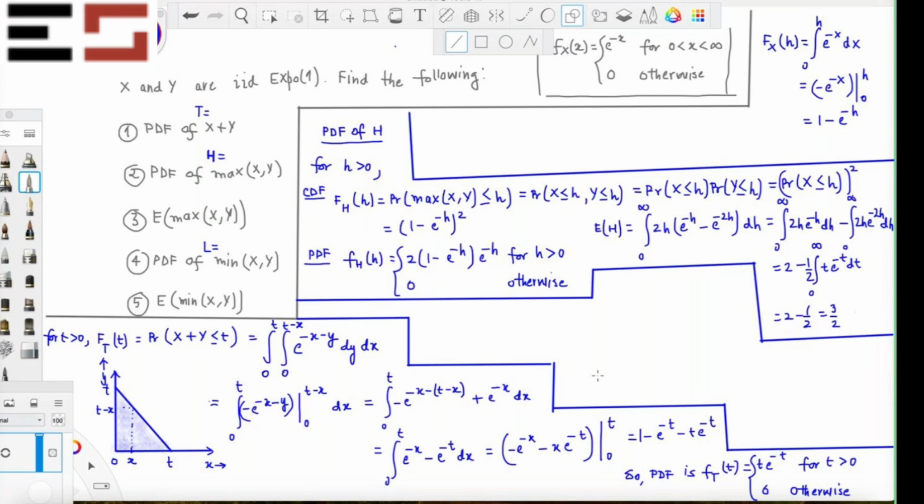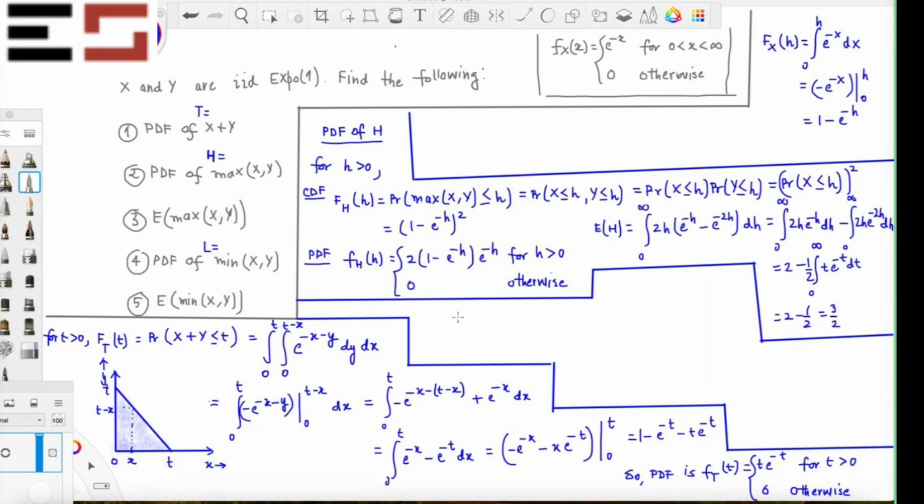Okay. Now let us find the PDF of min XY. So the expected value of H is 3 by 2. Again, notice that min XY will also take values between 0 and infinity.